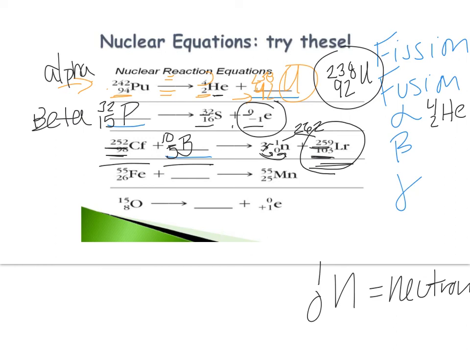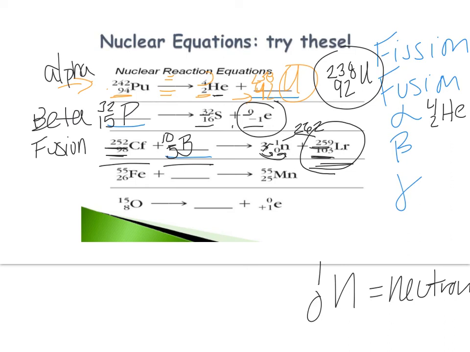And so that is going to be what we call fusion. I have 2 atoms coming together to form one larger atom. So 2 nuclei coming together to form one larger atom, and then it's okay that I have some leftover neutrons there. That's totally fine.